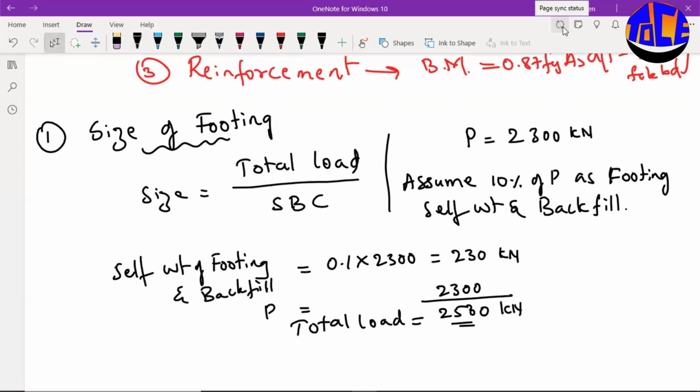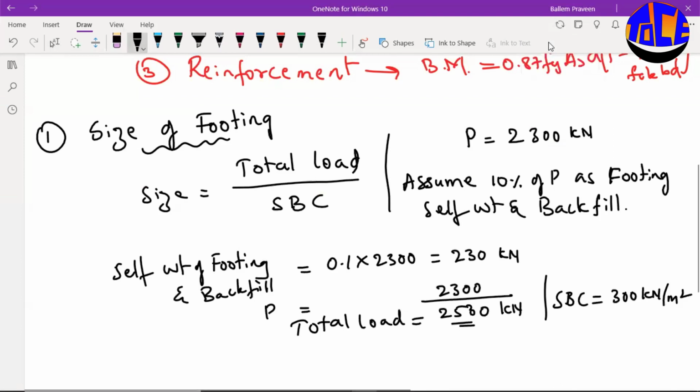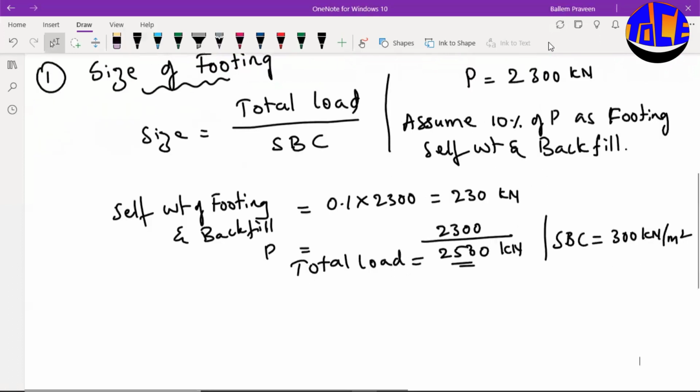And what is the SBC value? SBC is given in the question, so it is 300 kilonewton per meter square. Now substitute these values and you'll get the size of footing.